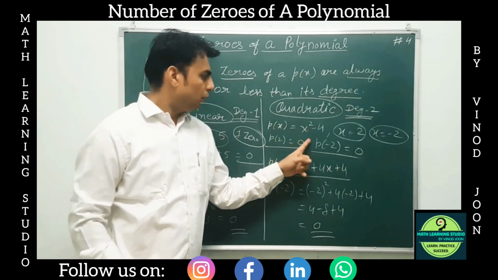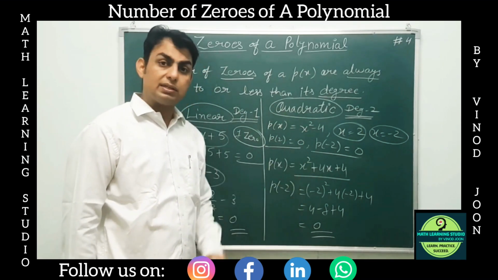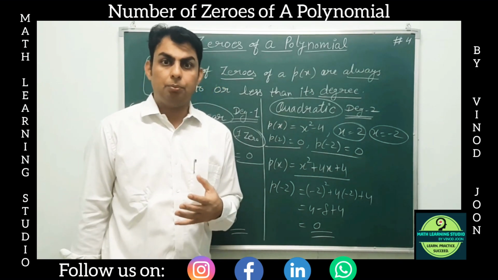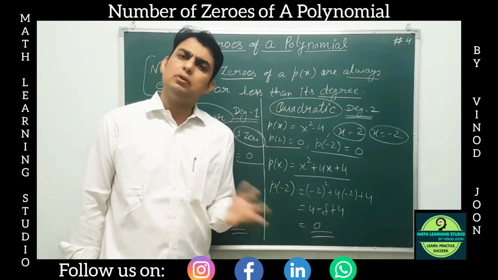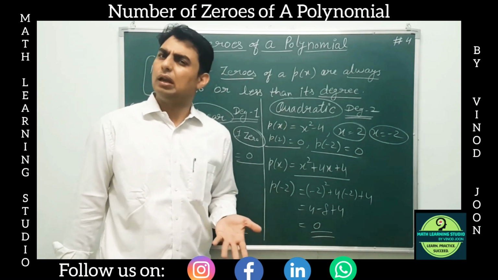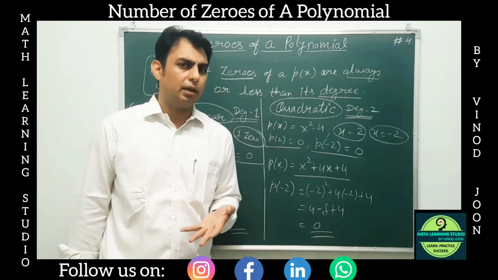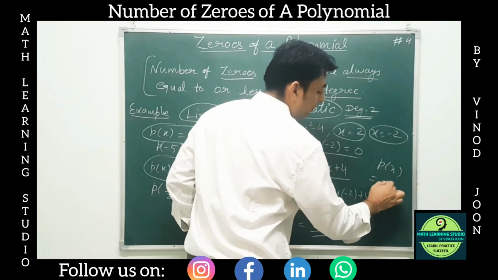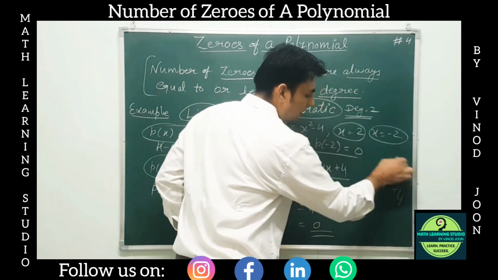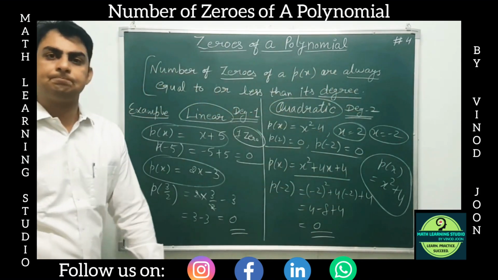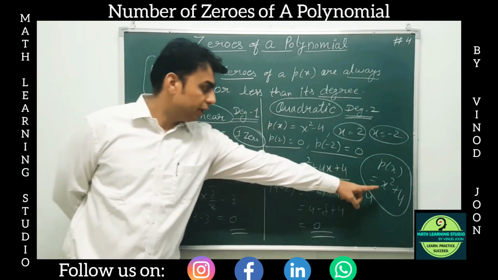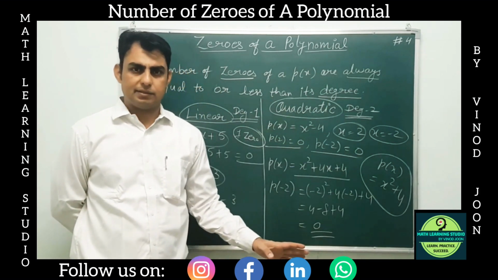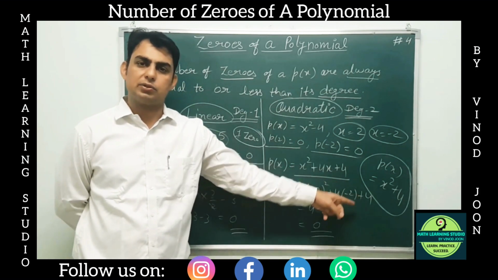Now, this polynomial has 2 zeros. This has 1 zero. Is there any polynomial of quadratic form, meaning degree 2, which will have no zero? Is it possible? Can you think of some example like that? I'll give an example. p of x as x square plus 4. This polynomial x square plus 4 will have no values of x which will make it 0.